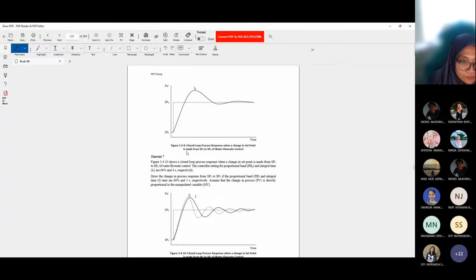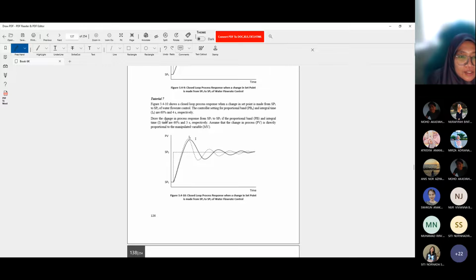This one is for the water flow rate control also. The original values of P and I are 60% and 4 seconds. The new one is 60% and 3 seconds.